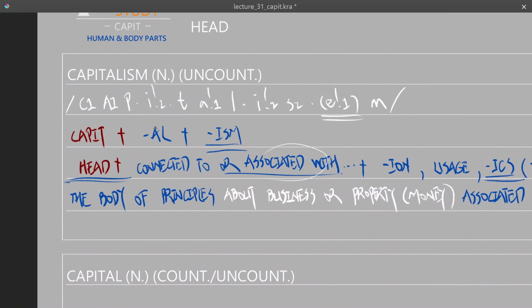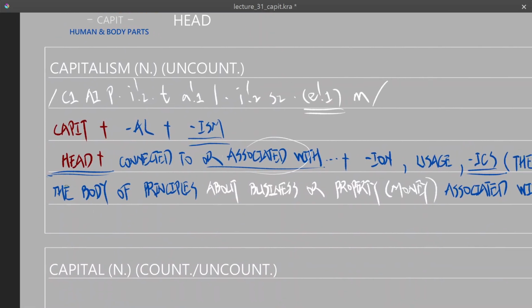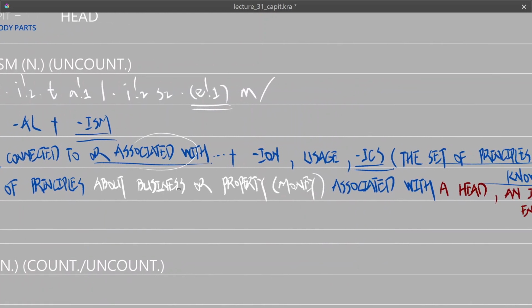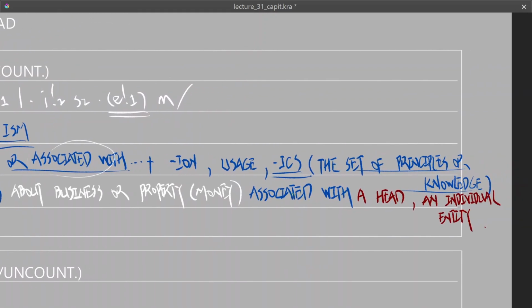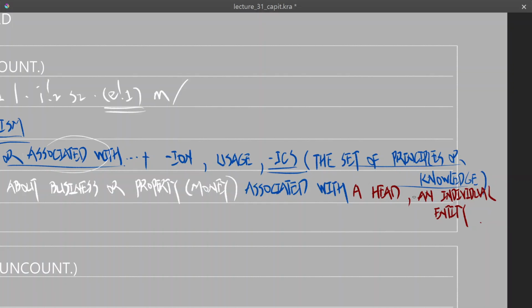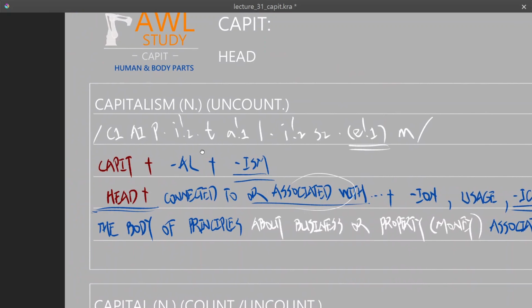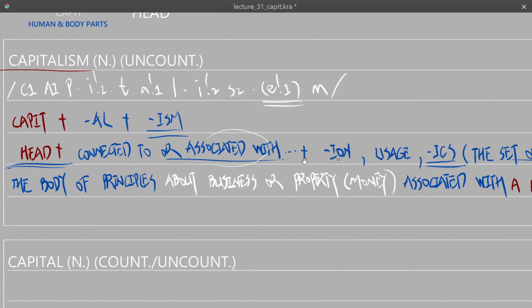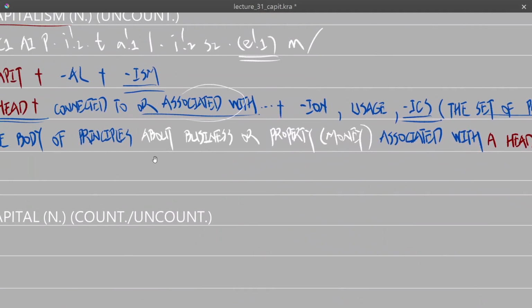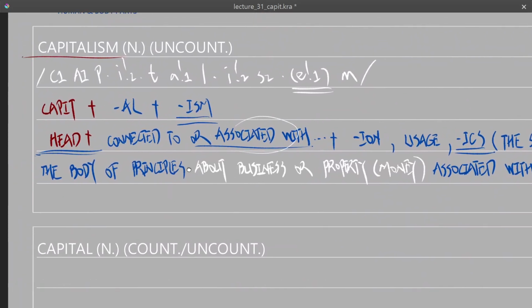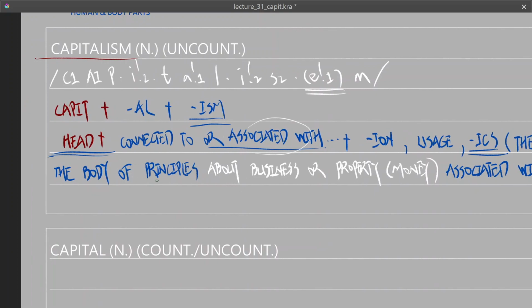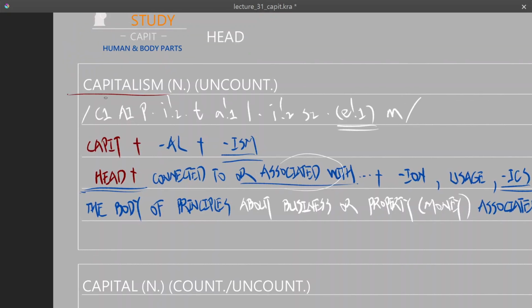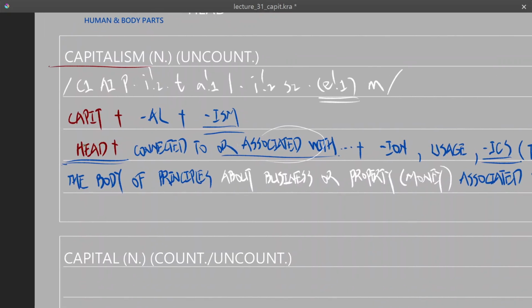Alright, so capitalism: the body of principles about business or property or money associated with a head, an individual entity or person. That's the interpretation of capitalism from the etymology. Since it's a good enough representation or interpretation of the word capitalism, you got a meaning, that's the key.